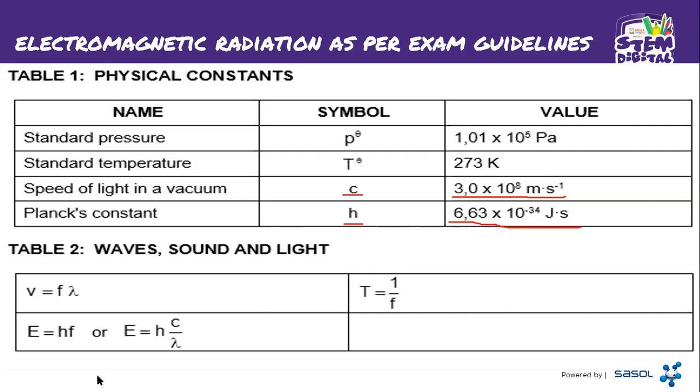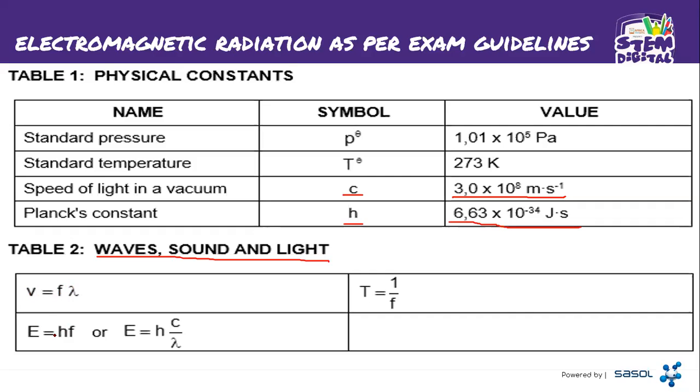And then in our formula sheet, there we have that table too. We get formulas under wave, sound, and light. So these are the topics that are relevant because we are dealing with waves, electromagnetic waves. So V is equal to F times lambda. It means speed is equal to frequency times wavelength.